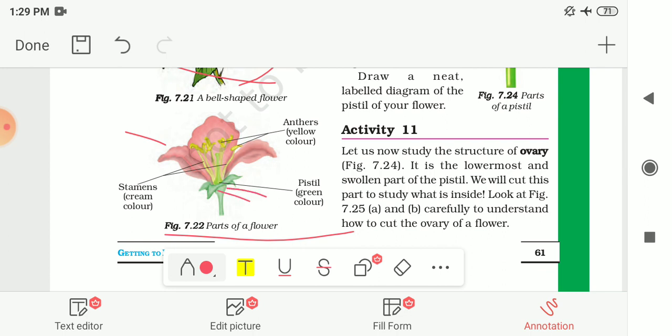The main green part in between the stamens is known as the pistil. Below it is green in color and the upper part is yellow in color. So this is known as the stamens, cream in color, and this yellow part is known as the anthers, and this green part in between is known as the pistil.